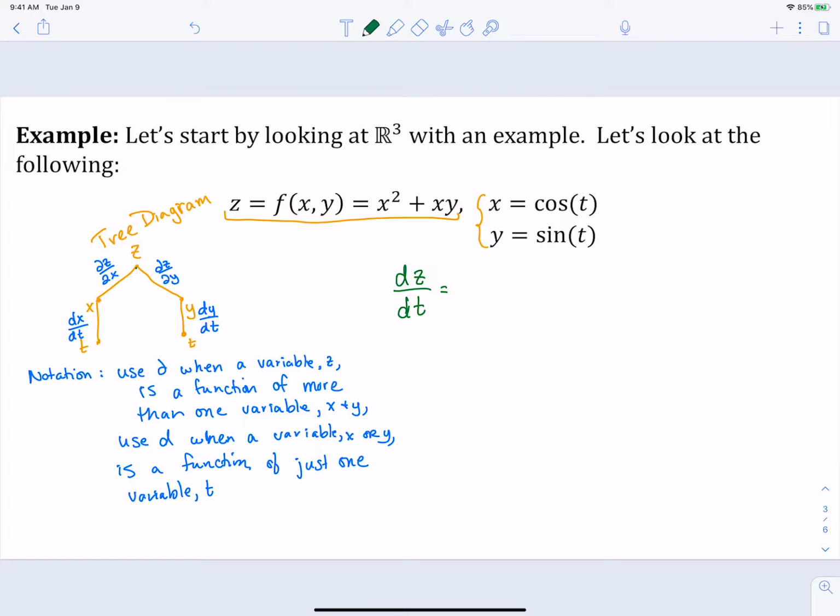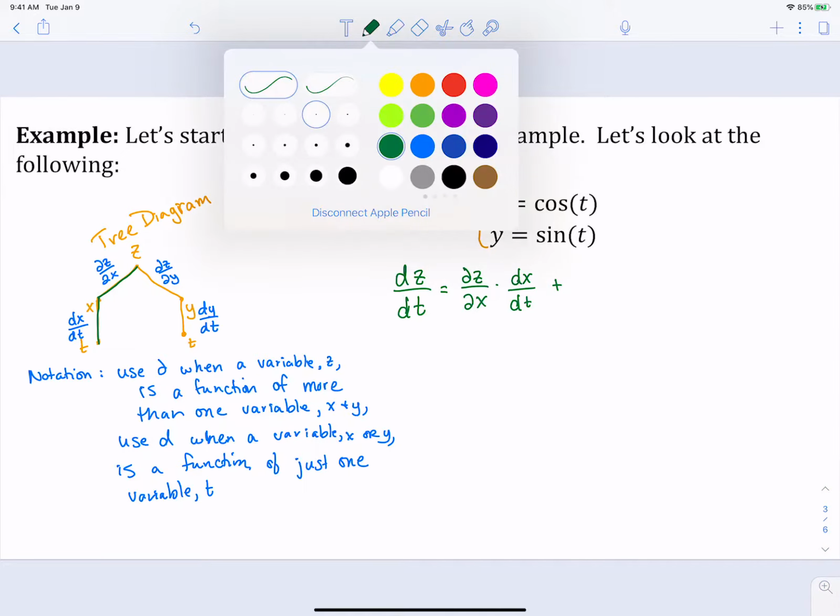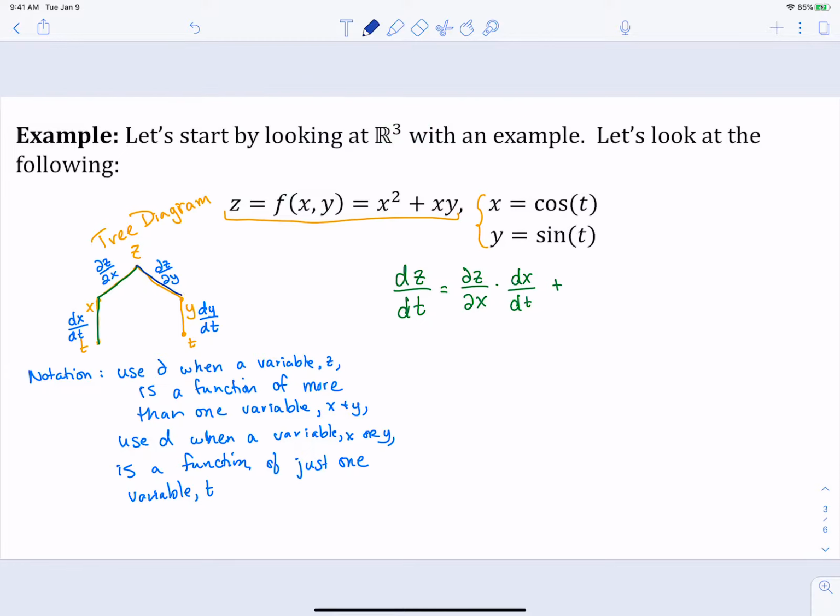So if we follow our branches here, partial z, partial x, times dx dt, plus following our second branch over here, our y branch, partial of z with respect to y times dy dt.